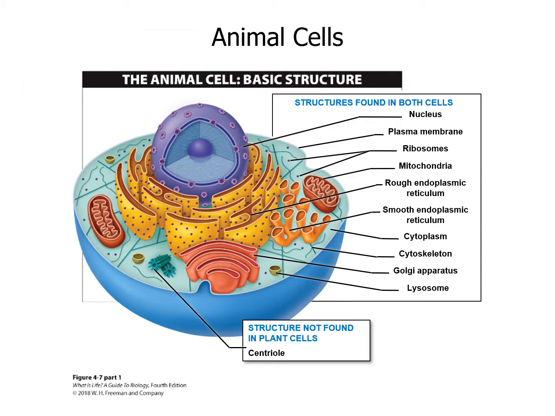Okay, so here we have an animal cell, which is a eukaryotic cell. We have a few things to go over as far as what is inside of our cell, and we are going to talk about what the functions are of a few of these things.